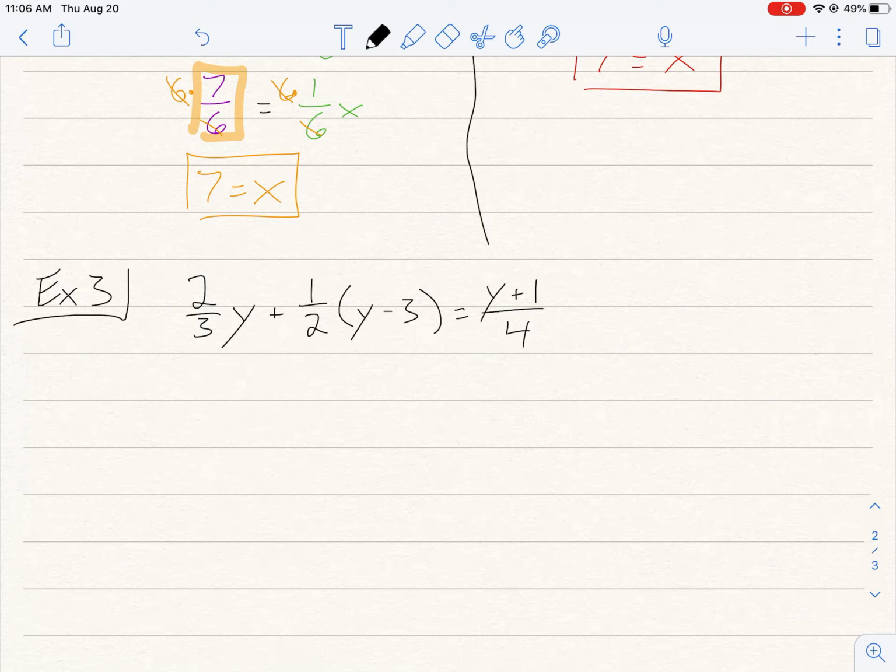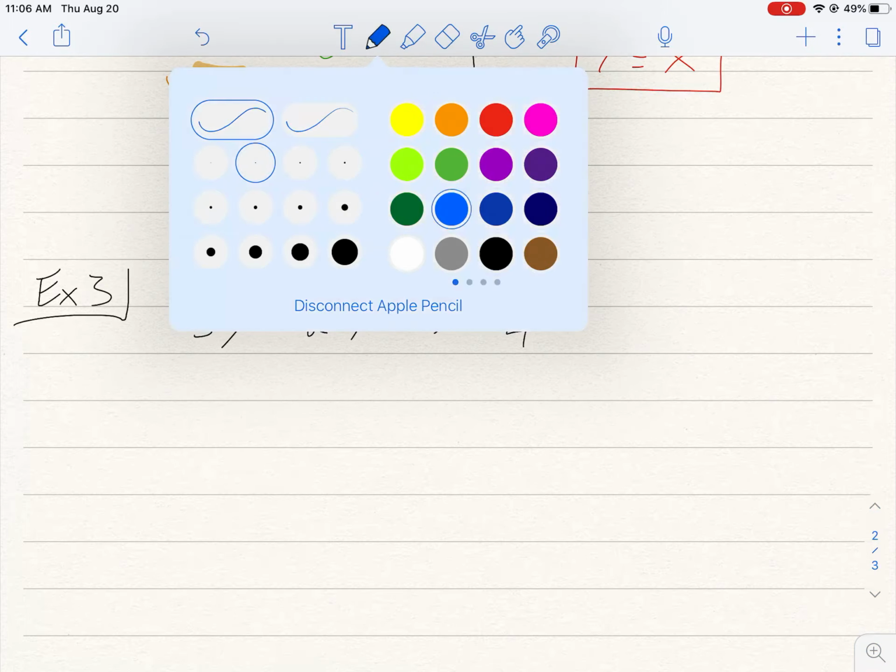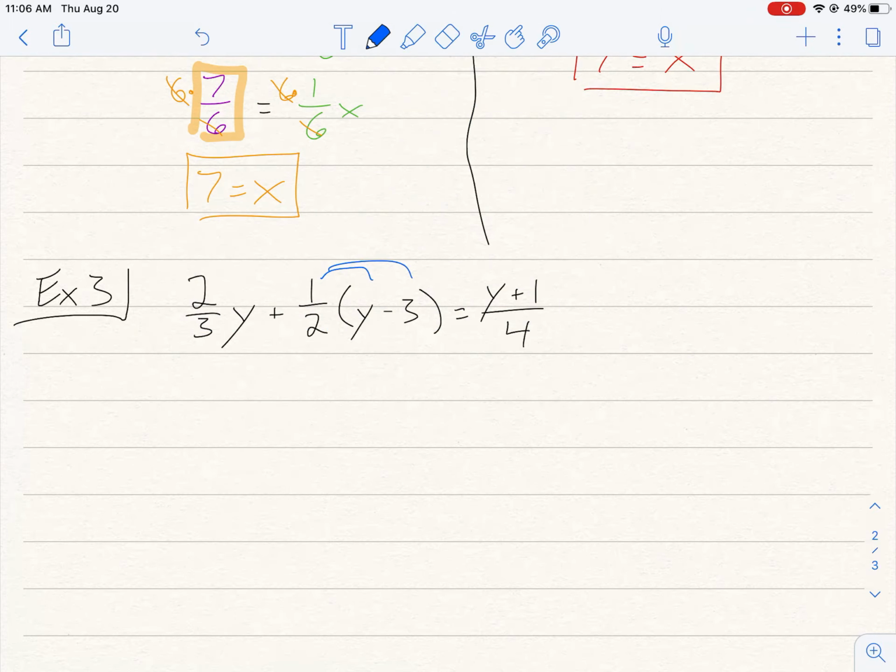So this could look like there's a lot going on. Now, to start off, I'm going to distribute this half inside here. So I get 2/3 y plus 1/2 y minus 3/2 is equal to y plus 1 over 4.